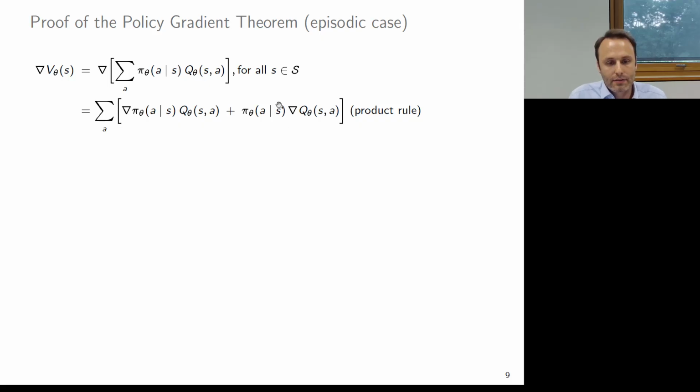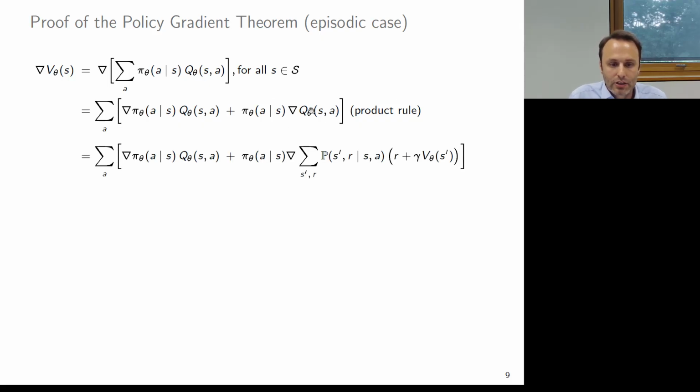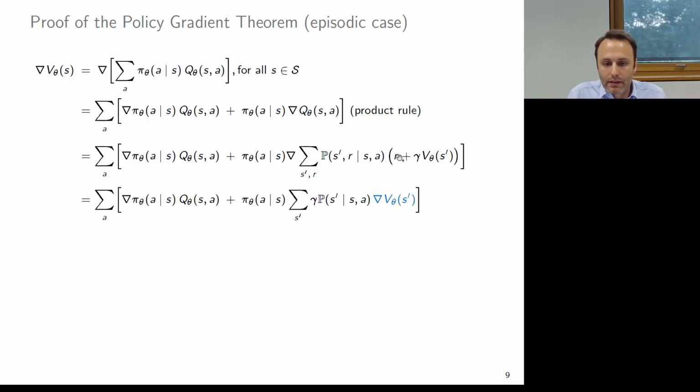And now if we look at this right-hand side here, we can actually rewrite the Q function as the sum of the probability to arrive in S prime and get reward R times the immediate reward R plus the discounted value of the state S prime. And so if you take the gradient here, then theta does not appear in this R, so the R drops out and we get this expression where we only have the gradient of the value in the state S prime.